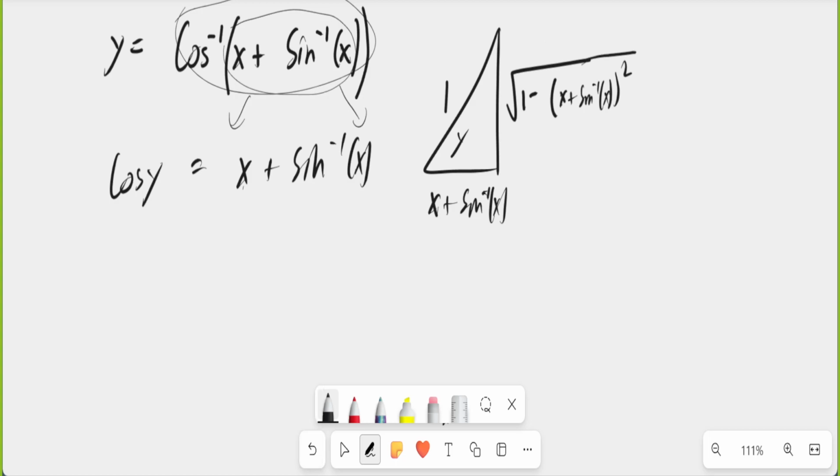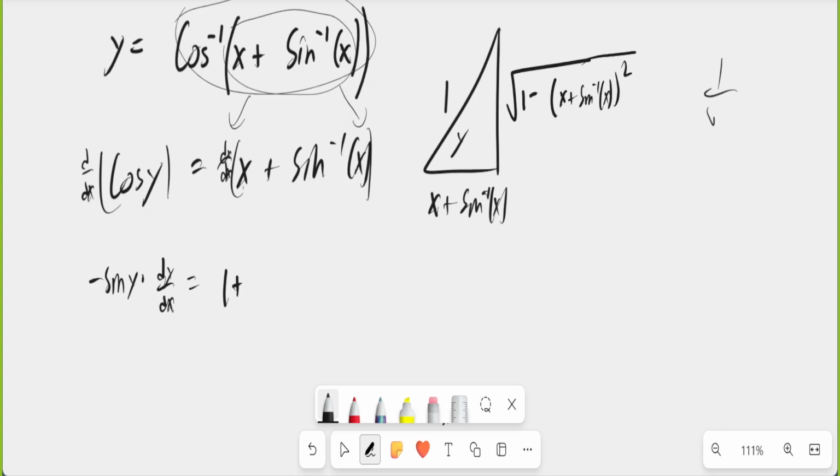So we take the derivative of both sides, and we get negative sine y times dy dx is equal to the 1 plus, and then what's the derivative of inverse sine of x?